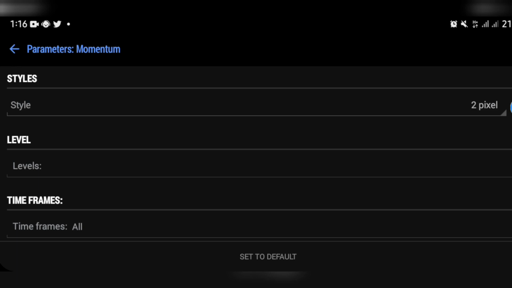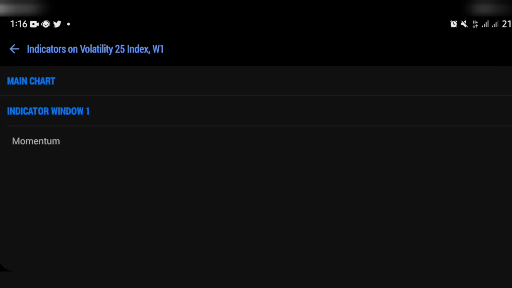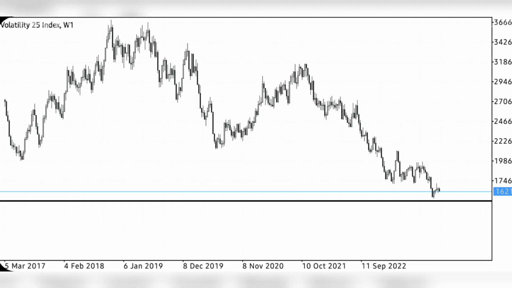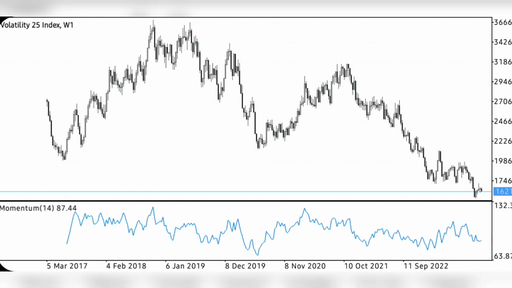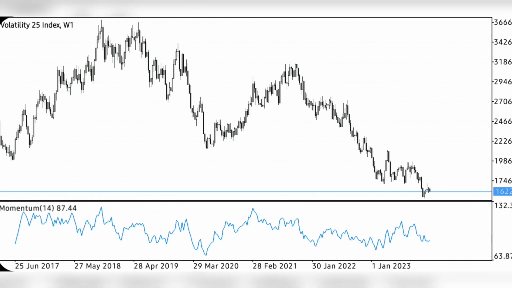I'm just going to leave it at default here. Also make sure your time frames is set to all. Then you click on done, and you go back to your chart, and it's going to show itself on the chart. As you can see, this is the momentum on the chart.